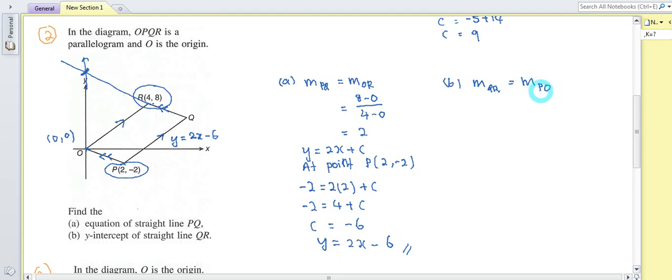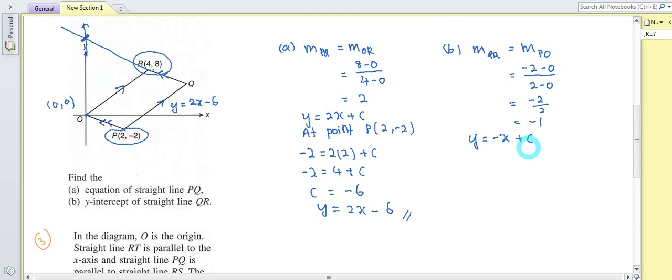Gradient of PO. Okay, so this is negative 2, this is 0: negative 2 minus 0 over 2 minus 0. Okay, here negative 2, here 2, you get negative 1. So the equation is y equal to negative 1, you don't have to write the 1, negative x plus c. Okay, so we need to find the c at point R, (4, 8).